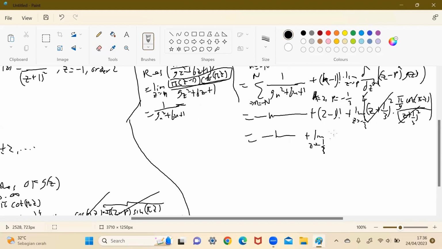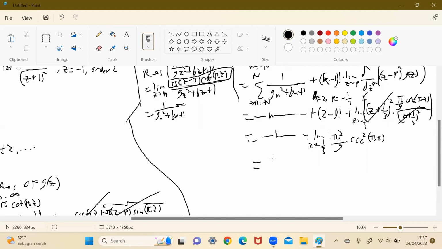So we have to differentiate it. The derivative of cot pi z with respect to z is negative cosec squared. So it's negative pi squared over 9 cosec squared pi z. And this, you can simply substitute z equals negative 1/3 into the expression here.